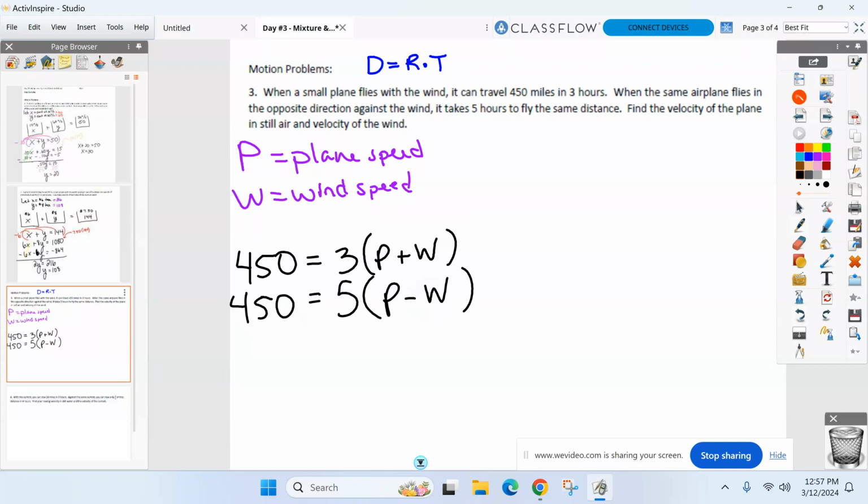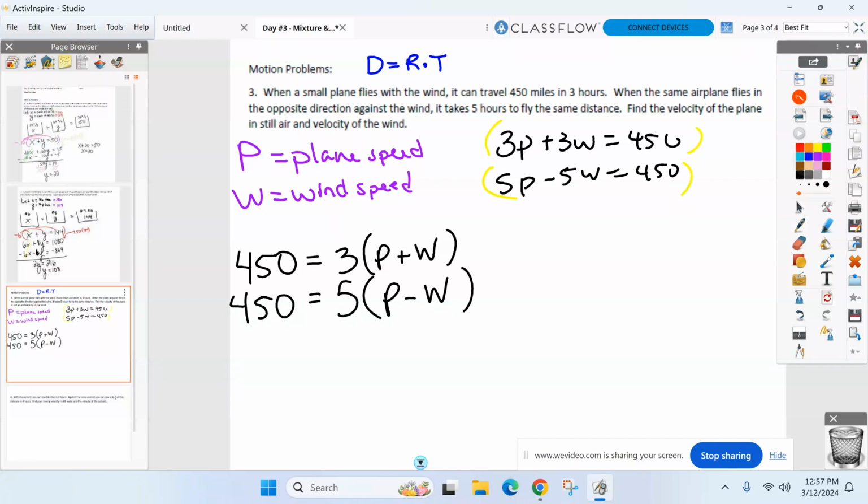You could distribute the 3, and then you could distribute the 5. Multiply each equation by a number so you can cancel them out, right? That'd take a while, but it would get the job done.